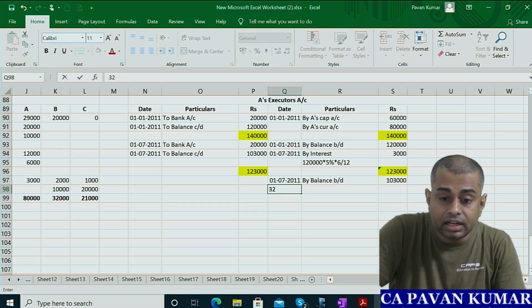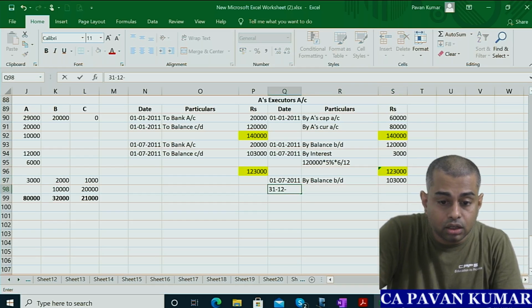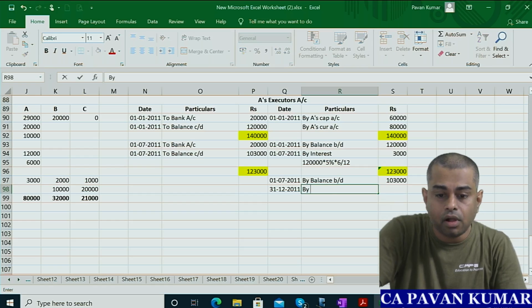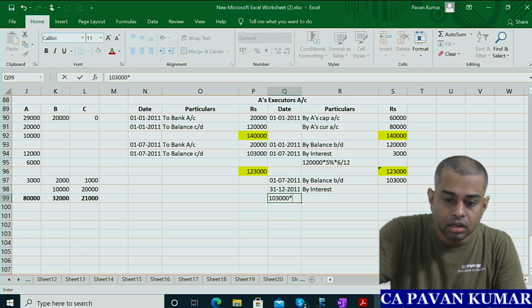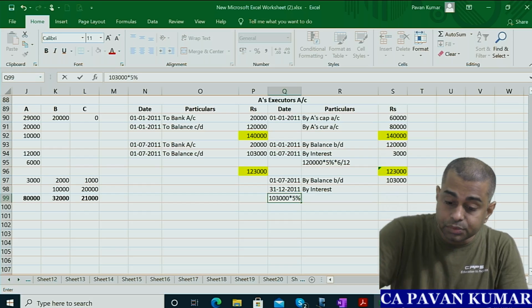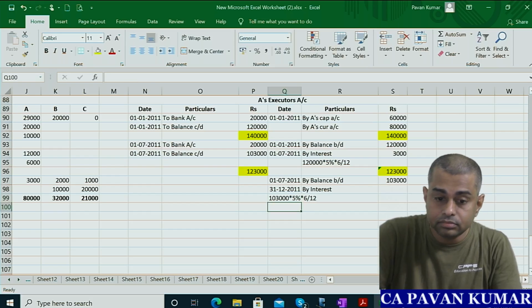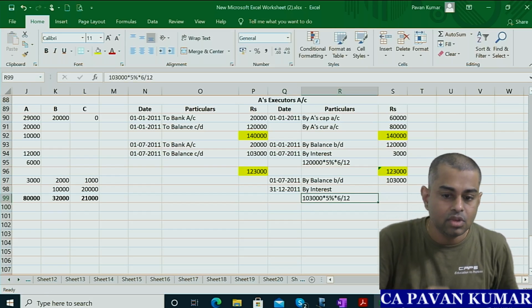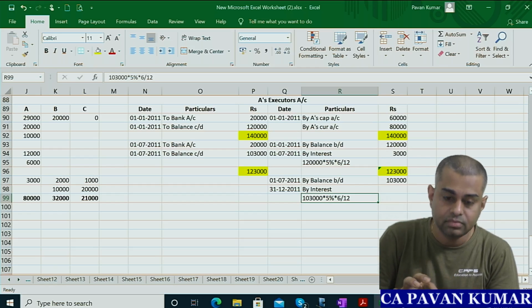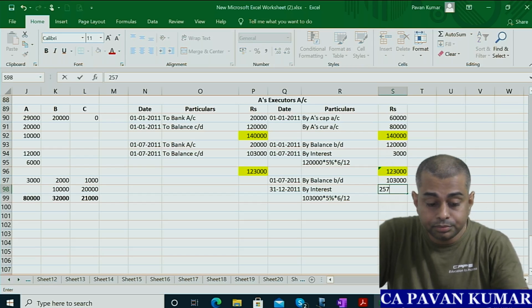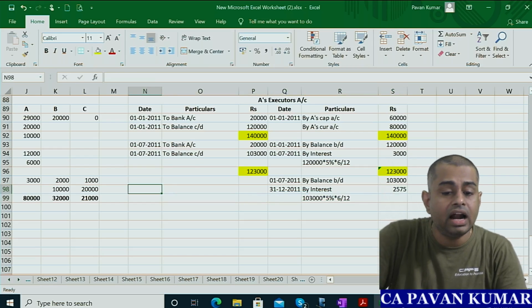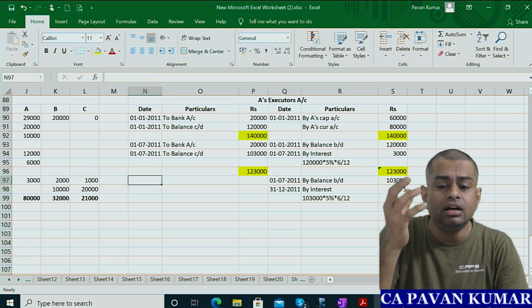Then on 31/12/2011 calculate interest. How much? On 1,03,000 into 5% into 6 months. Calculate and tell me. 1,03,000 into 5% divided by 2. Is it 2,575? But despite that, in the problem they said you are paying only 20,000 to him.